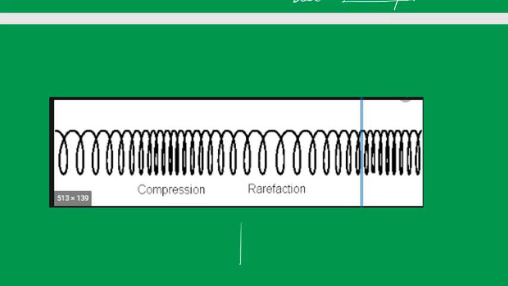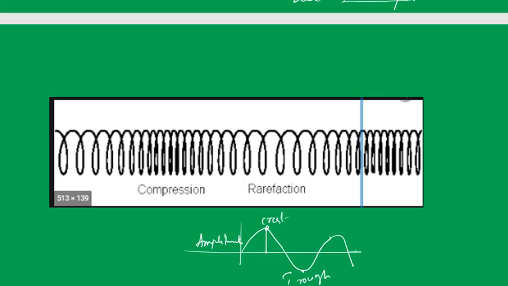So I'll just roughly draw it. The peak portion is the crest and the bottom portion will be the trough. So this part is crest and this part is trough, T-R-O-U-G-H. Okay. So this gives the amplitude.